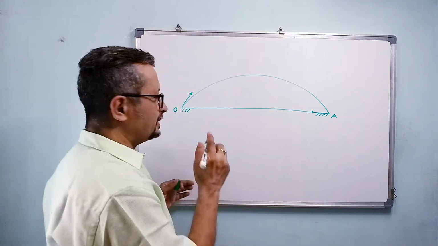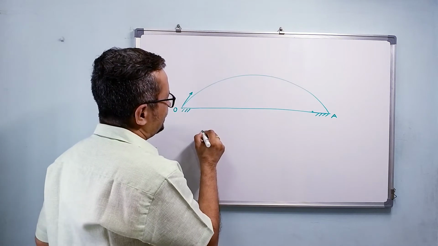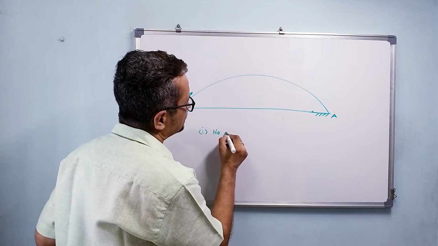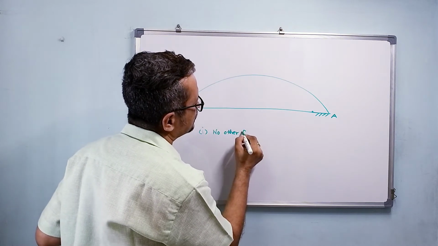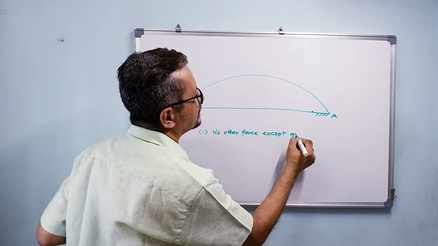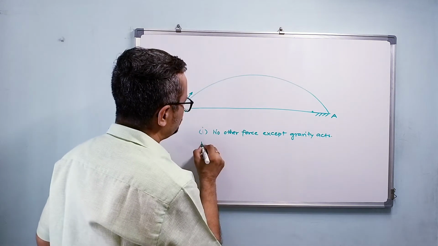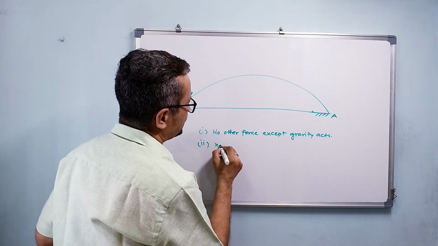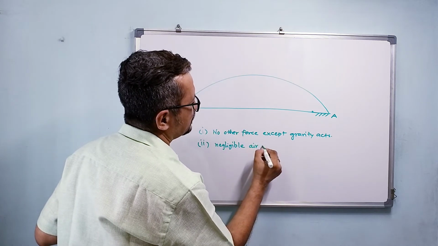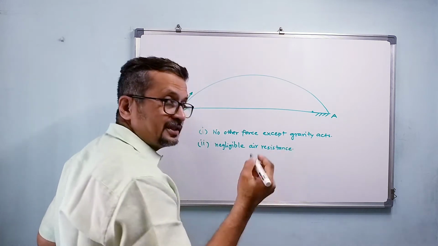Okay. And then what are the conditions? Let me list down the conditions which I said some time back. Number 1: no other force except gravity acts. Number 2: negligible air resistance, or then 0.